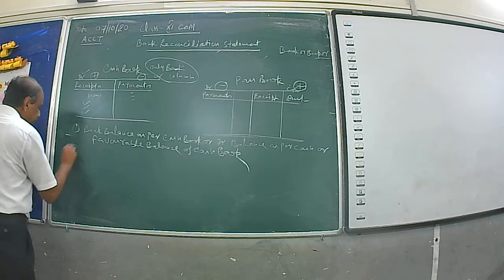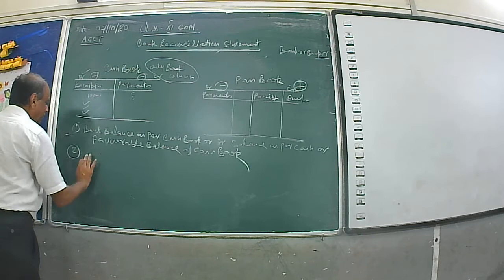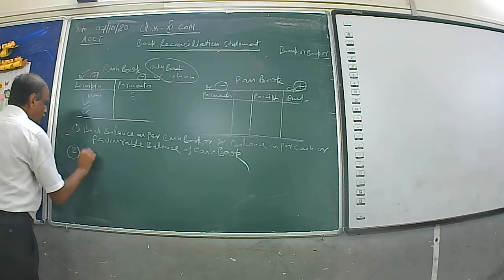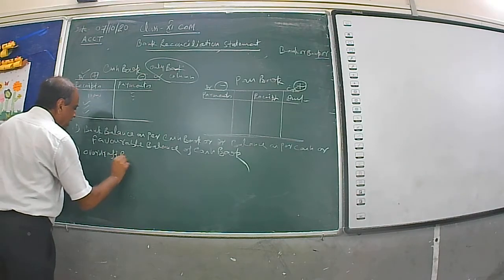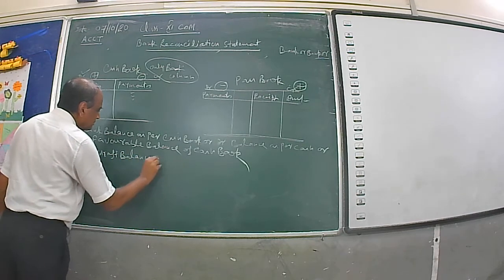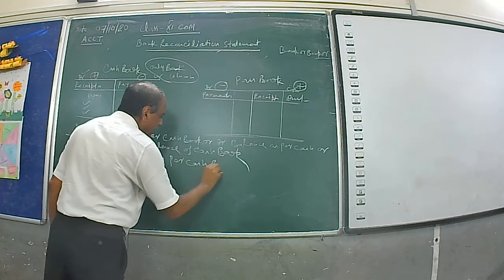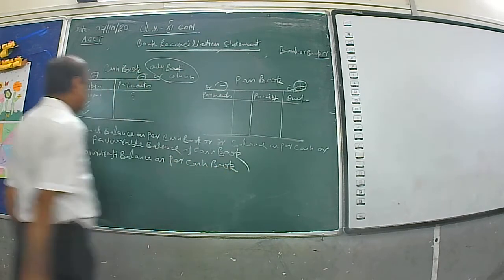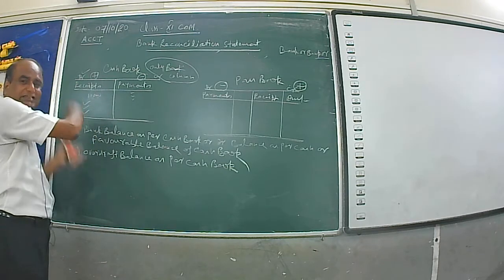Number two, when bank credit balance, or we can say overdraft balance as per cash book. Overdraft means when payment is more than receipt.